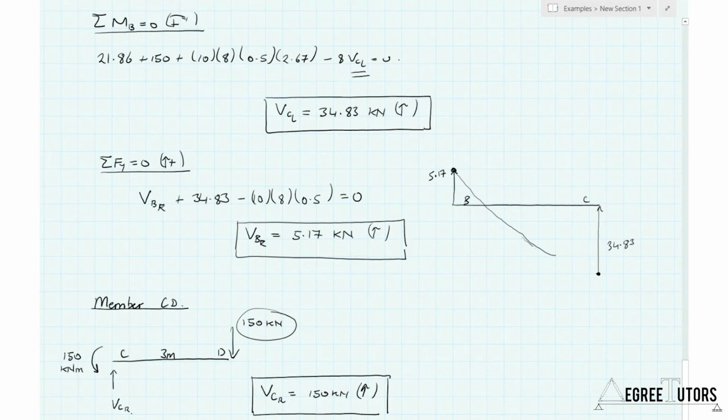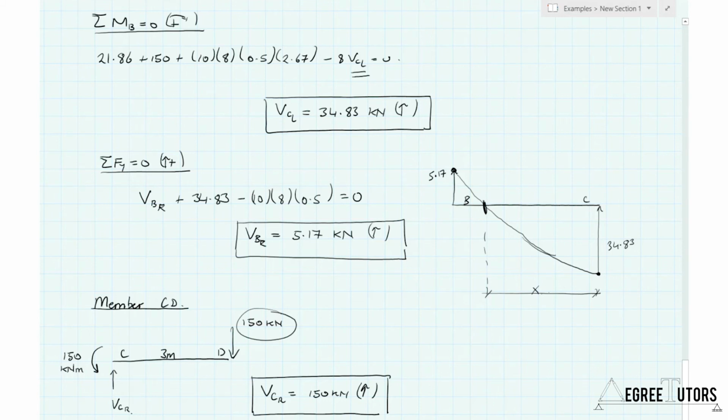And again, you notice that at some point here we have a zero shear, which will mean there is going to be a local maximum in our bending moment diagram.